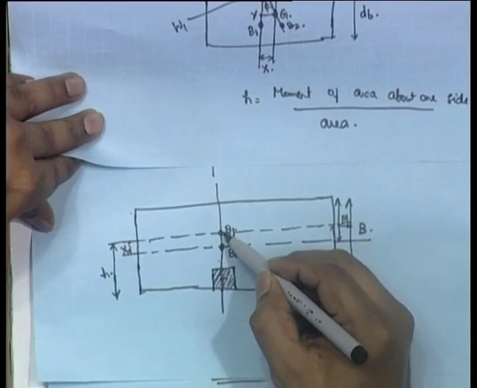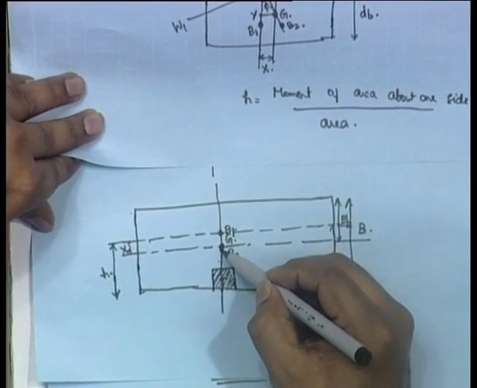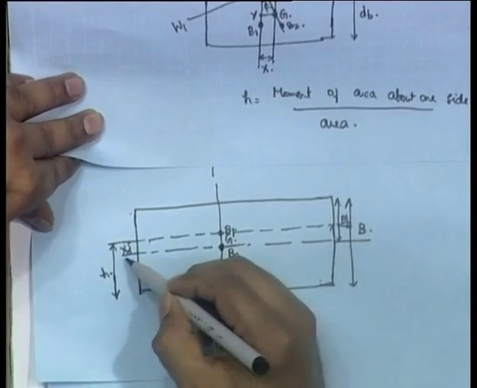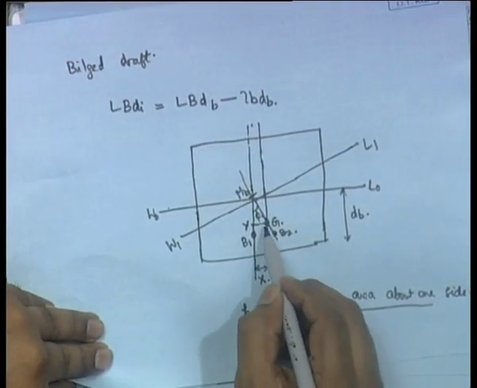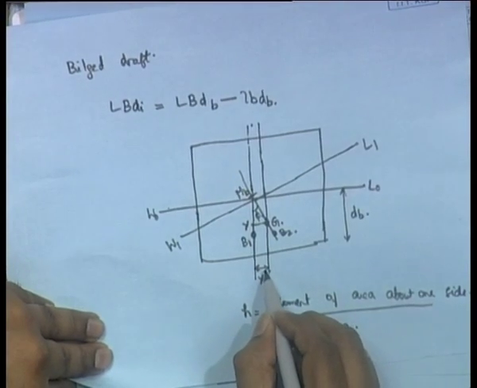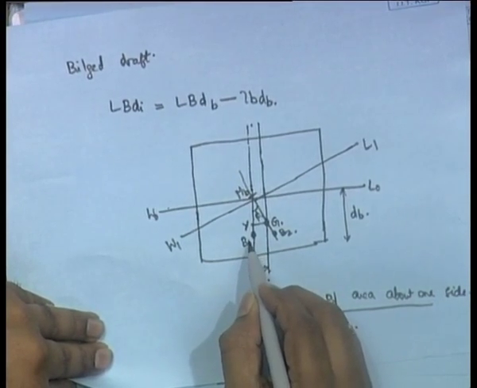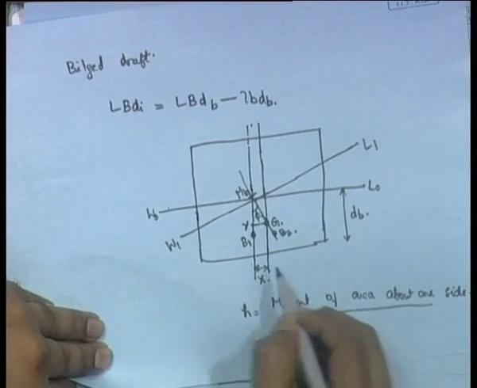So, this horizontal distance between G and B is what we call x. In this figure it will come like this, this distance is x, the horizontal distance between B and G is x, it is this.